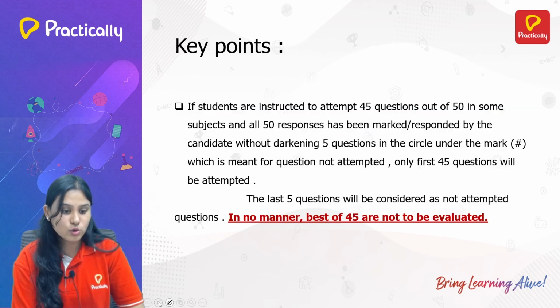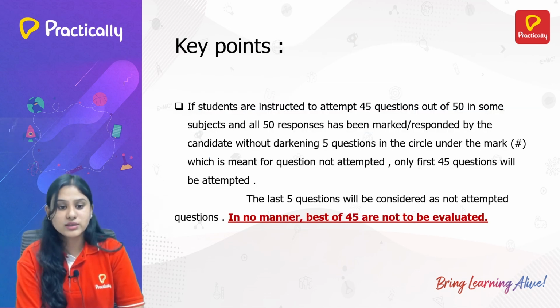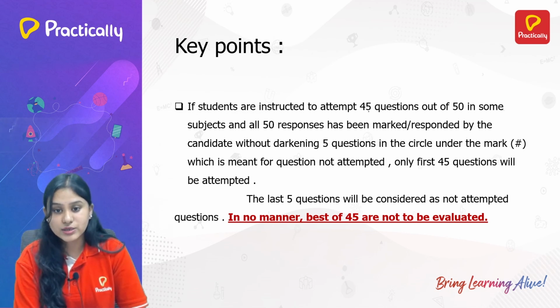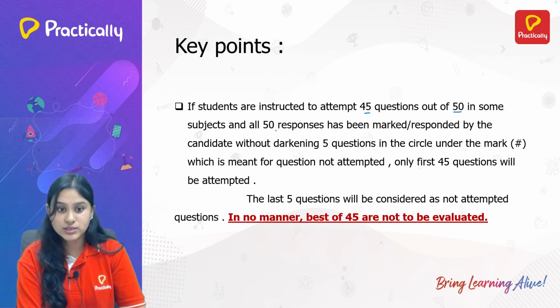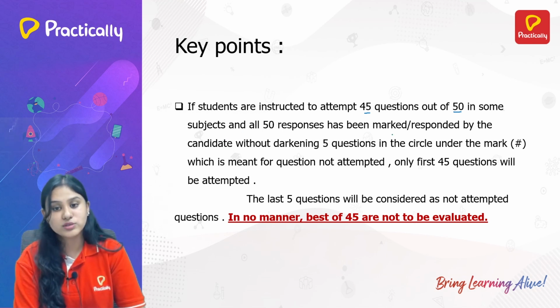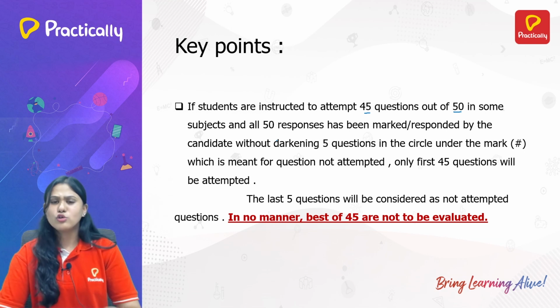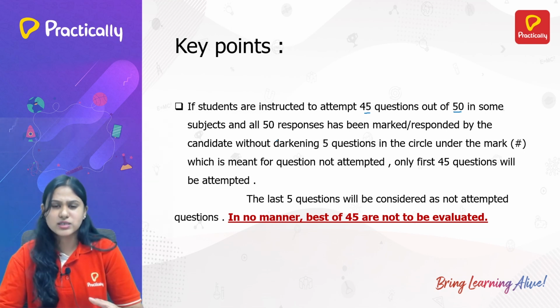Now let us go to some key points. This is in the CBSE circular. Let me make it clear, okay? If students are instructed to attempt 45 questions out of 50 in some subjects and all 50 responses have been marked by the candidate. So you know all the questions. That was very easy. Ma'am, I know all the questions, so I have bubbled all 50.